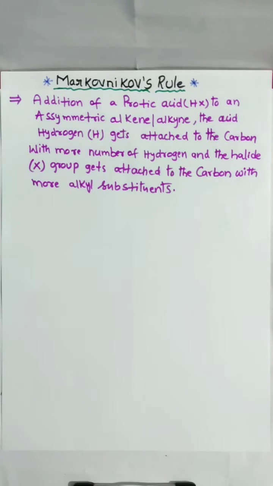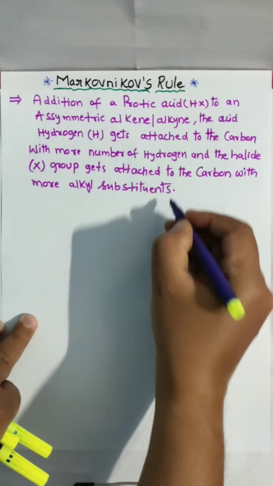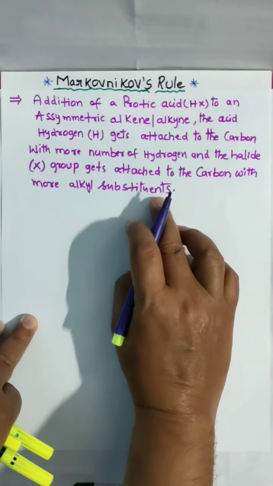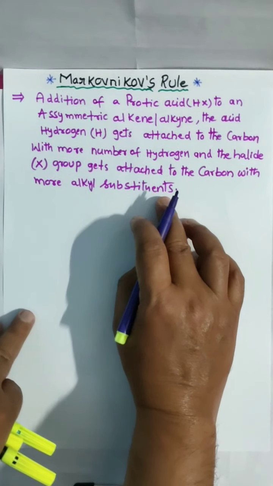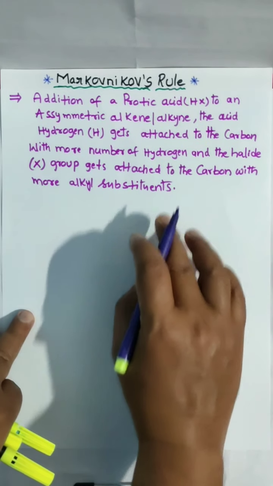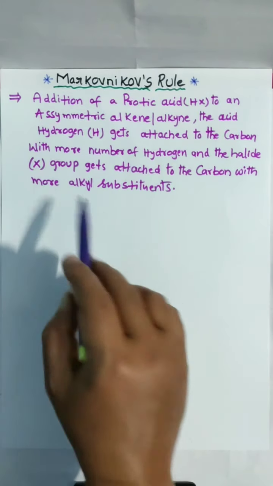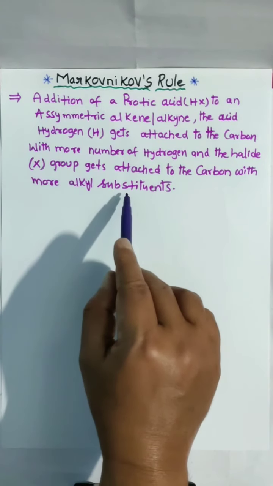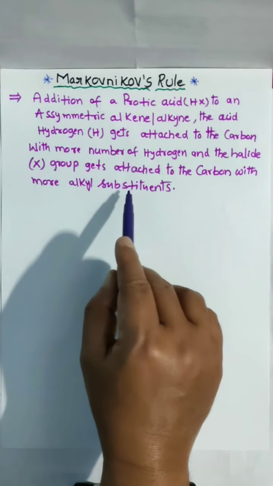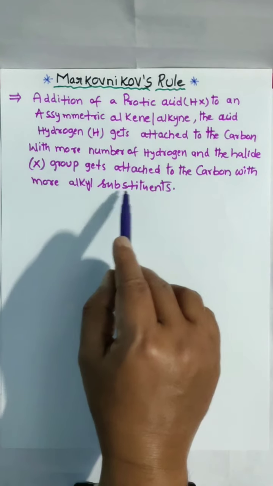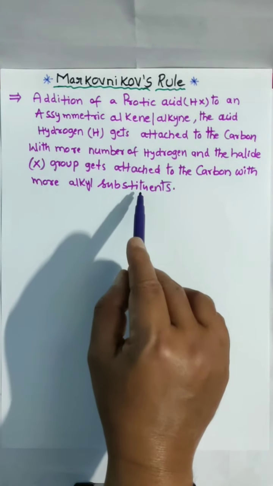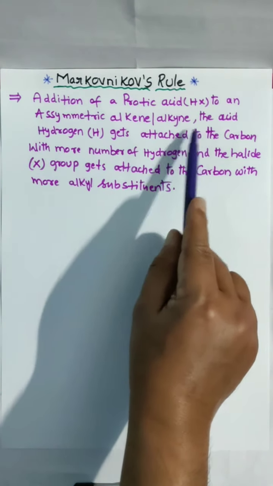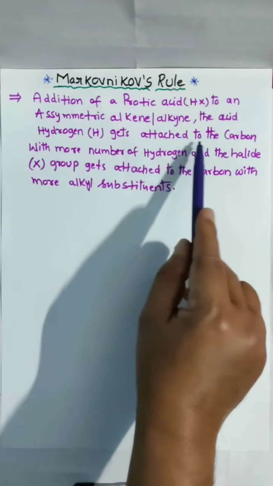More number of alkyl substituents or less number of hydrogens, both are the same only. Don't get confused. So the halide gets attached to the carbon with less number of hydrogens, or more alkyl substituents. Hydrogen attaches to the carbon where more hydrogens are present.